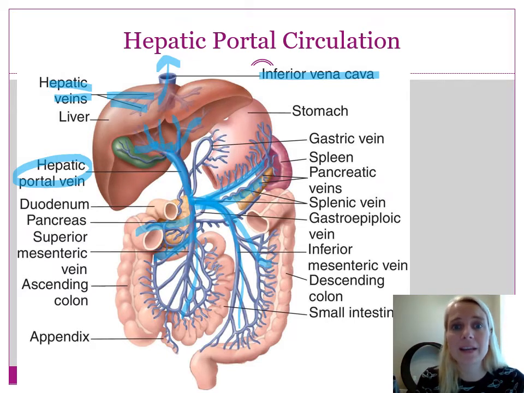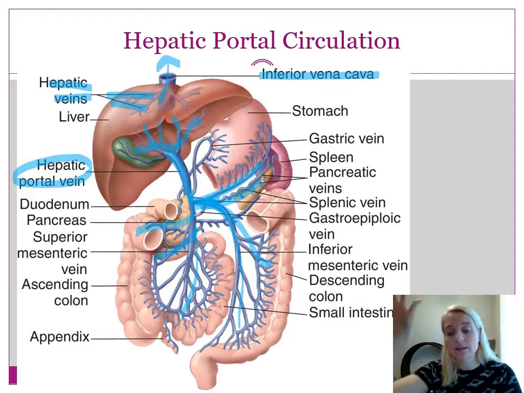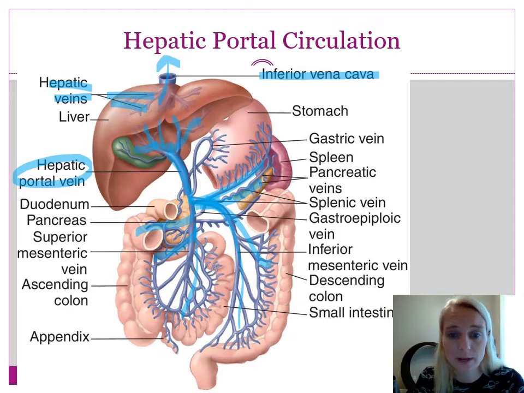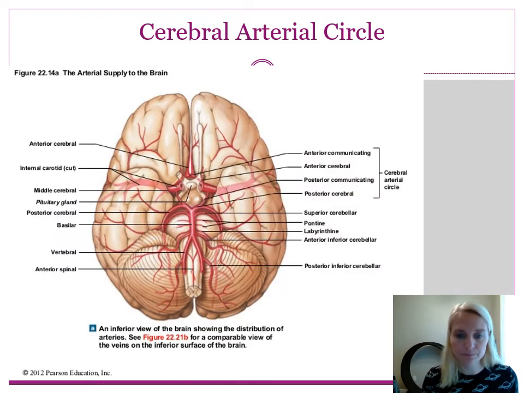Then the liver will send out the blood and the processed nutrients via the hepatic veins and into the inferior vena cava, back to the heart to distribute out to the rest of the body. So that's the point of the hepatic portal: to take all the blood from the digestive viscera to the liver first for processing before it gets dumped into the general circulation. Okay, hepatic portal circulation.